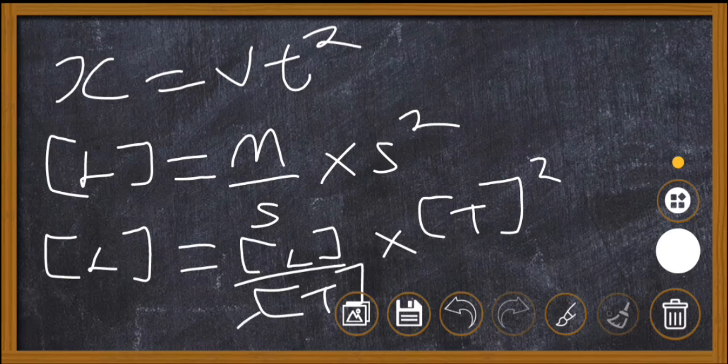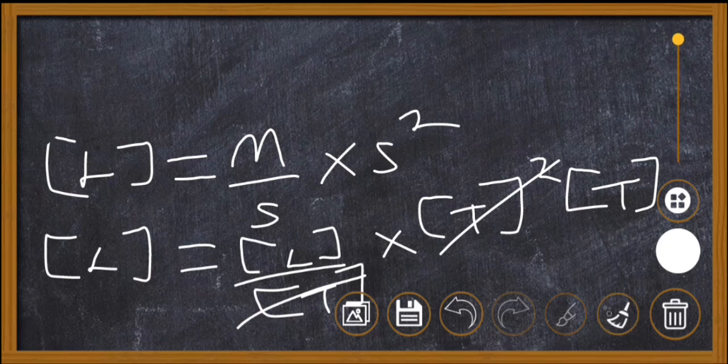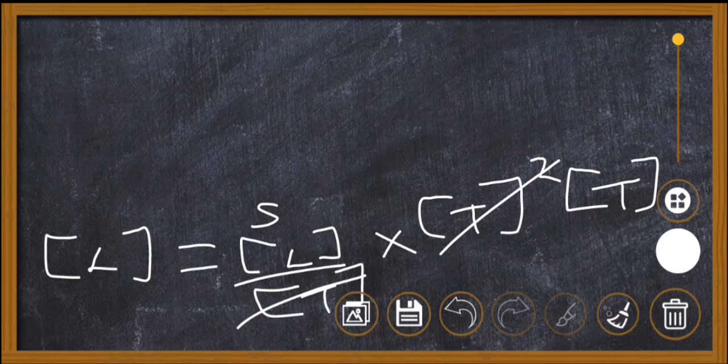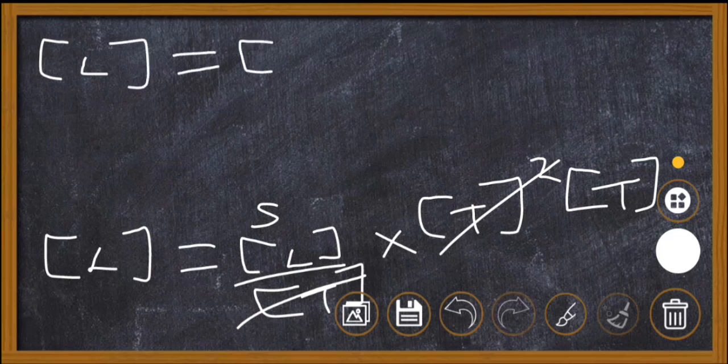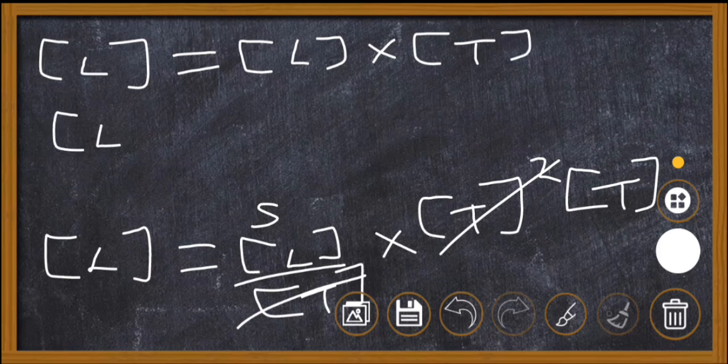Now we know that this is going to be divided in there, so here on top we are simply going to remain with 1 here. So let's just wrap this top part here, it's not necessary for us. In this case we are remaining with L. Let's replace: L equals to L multiplied by, here we are remaining with T. If you don't want to write like that, you can just end it up to here.